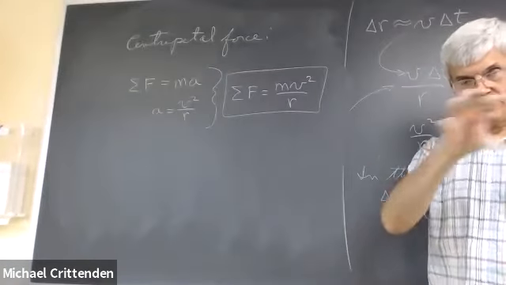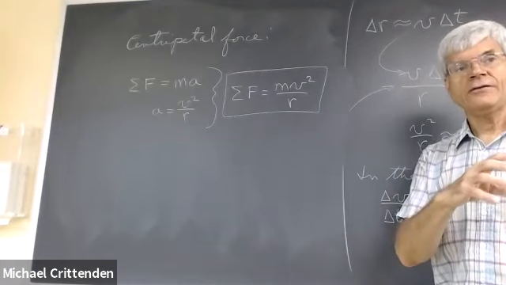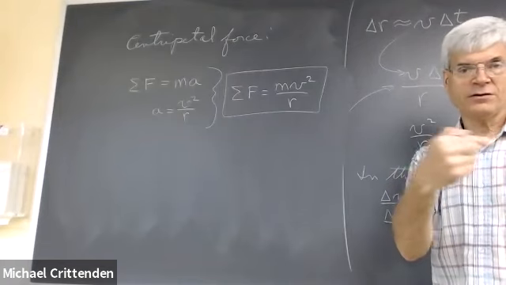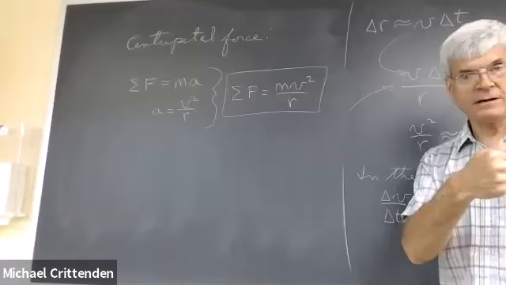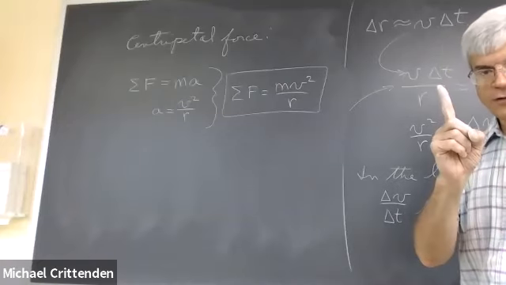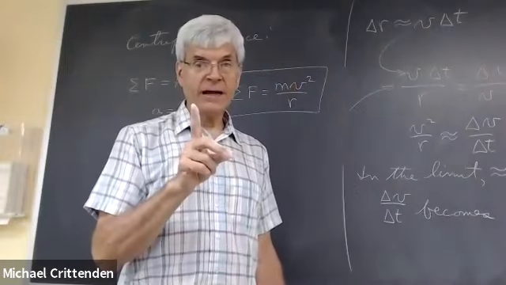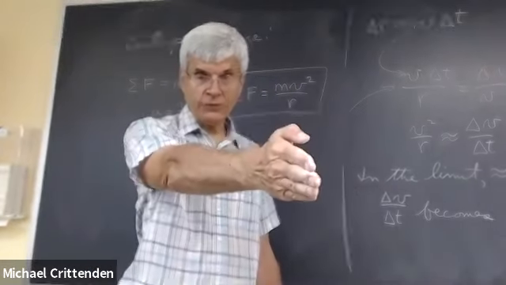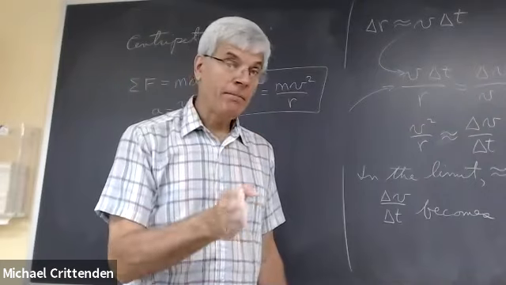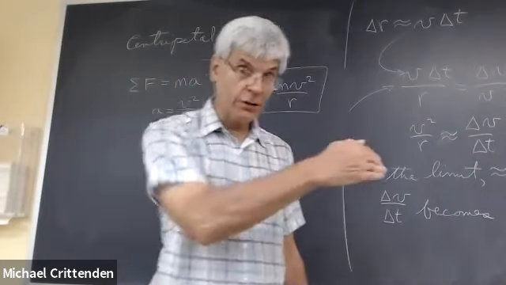If you're on a curve, there has to be a force across the direction of motion to make you follow the curve. Newton's first law says that in the absence of any force, your car is going to go straight. This is a very bad thing when the road curves, okay?